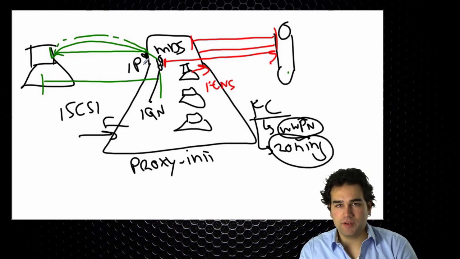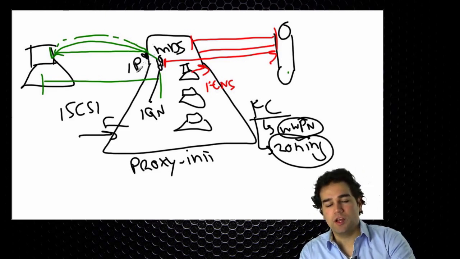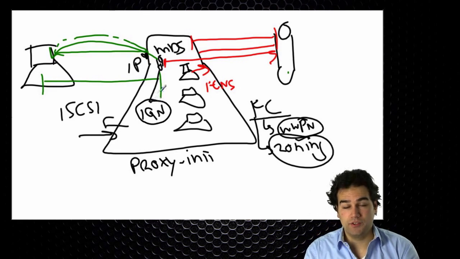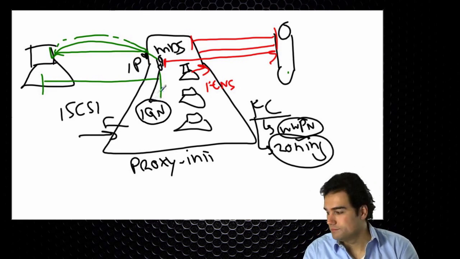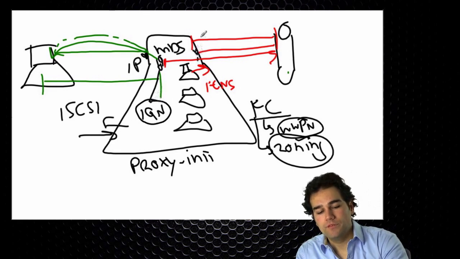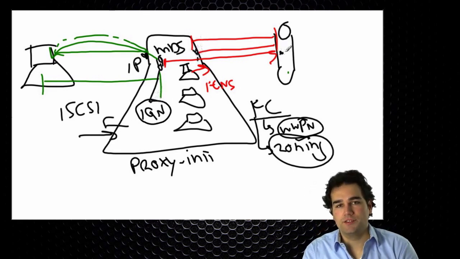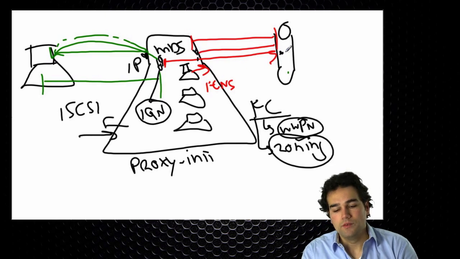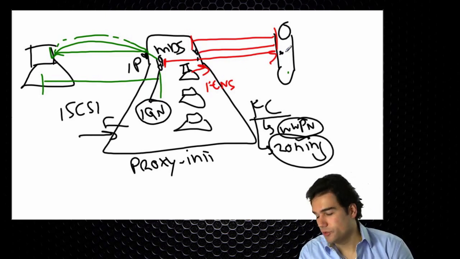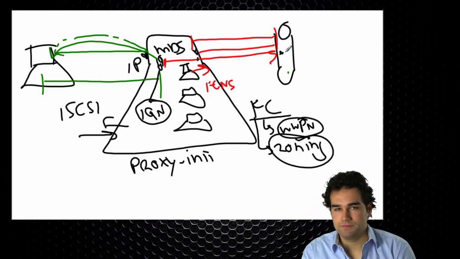So the IP address is only assigned to the IP port on the MDS, but every disk that I advertise will have a separate IQN configured, and I need to configure them. And then behind here we just have WWPN to WWPN communication. There are some steps in between, but I'll talk about that on Monday. So there are my IP addresses.